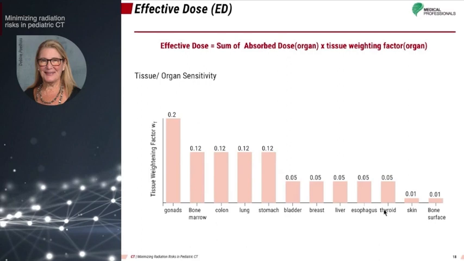Equivalent doses are calculated by multiplying the absorbed dose by the appropriate sensitivity factor, or radiation weighting factor.